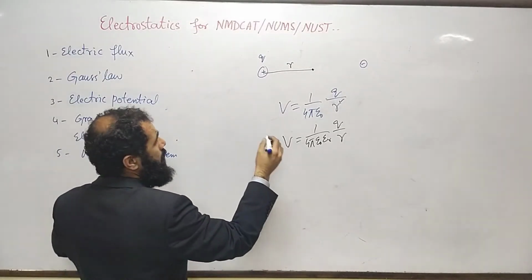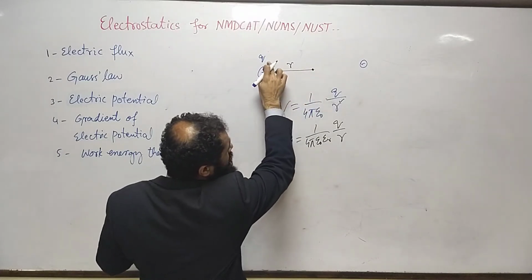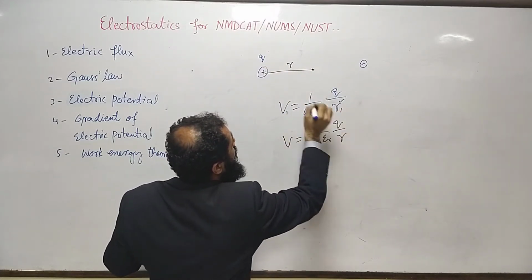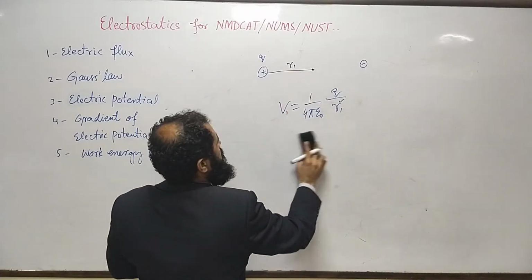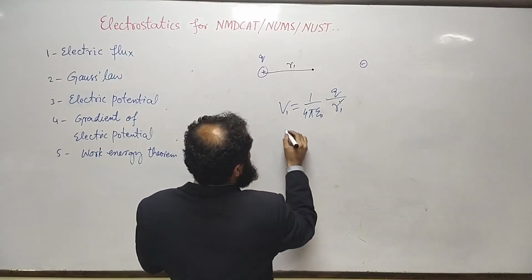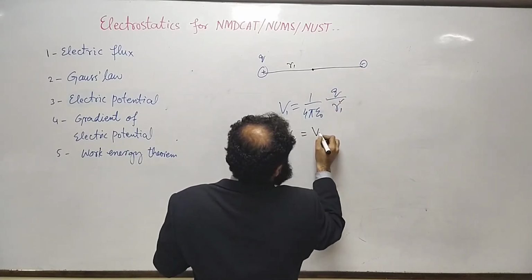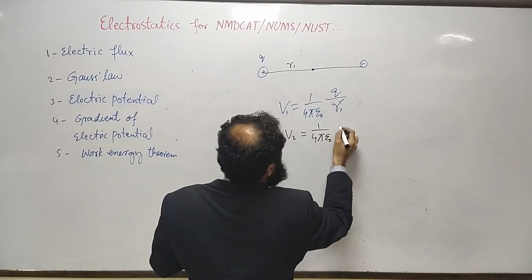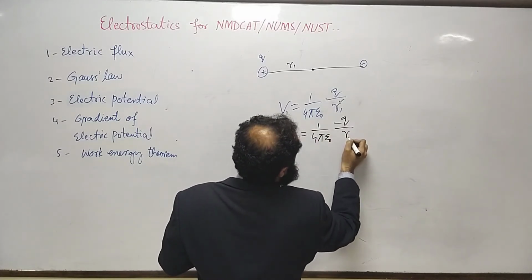V1 is the potential because of this charge, at distance R1, and V2 is the potential because of the other charge, and that is 1 divided by 4 pi epsilon naught times minus q divided by R2.